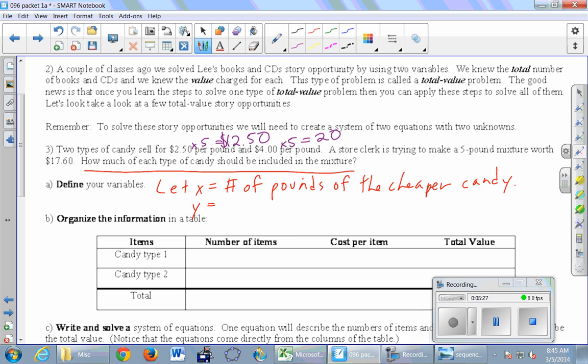And then we'll let Y be the same thing, but the more expensive candy.